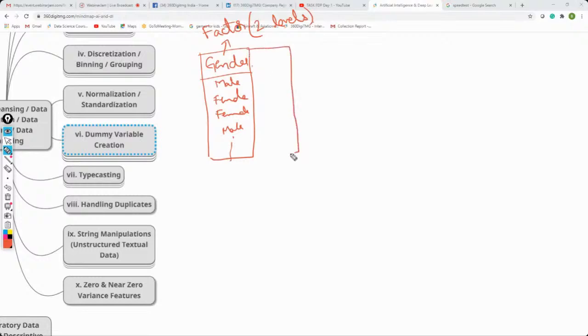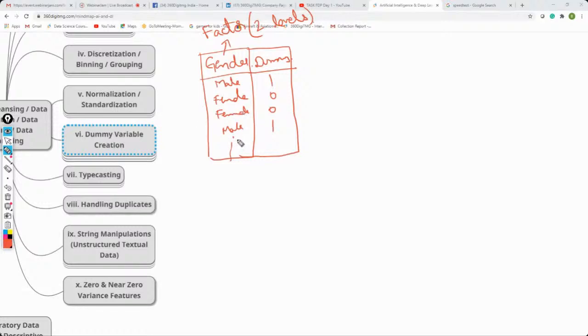And then you can create a dummy variable for this. And you can say male is 1, female is 0. Why female 0? Why male 1? Are you being biased? No, I'm not being biased. Lexicographical order means alphabetically what comes first, right?